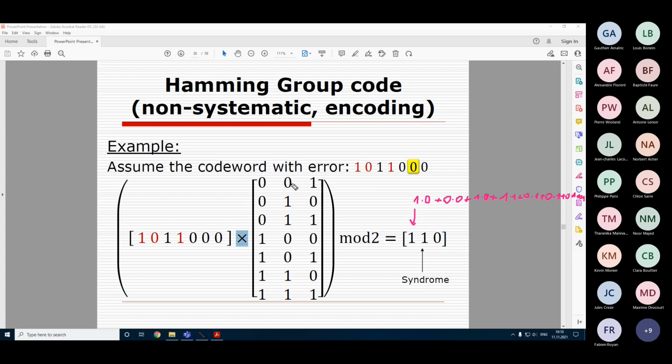However, for the third column, yes, we can see that if we would multiply this and these, add them together, that would give us actually 2. So that's why we need this remainder after division to get 0 here, because normally this is not XOR, this is normal addition, which can produce 2, 3, and so on.